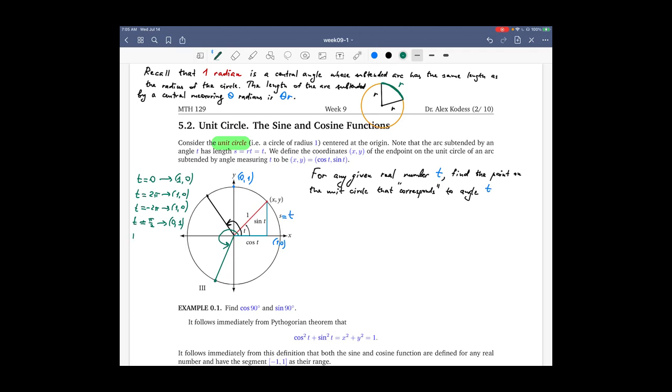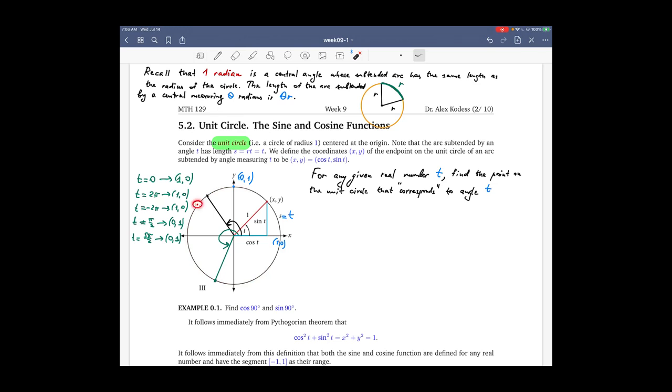Of course, if t is pi over 2 plus 2 pi, which is 5 pi over 2, you still get that point, (0, 1). We don't care that this correspondence is not one-to-one. Most importantly, this correspondence is surjective. For every point on the unit circle, I could find one angle, in fact, infinitely many angles, that bring me to that point.